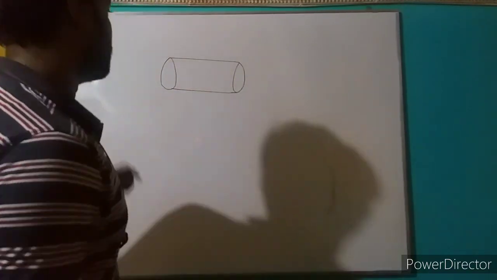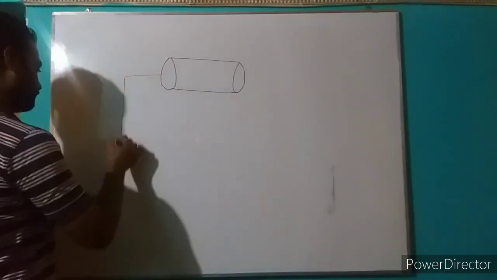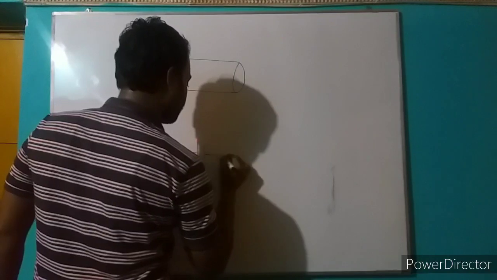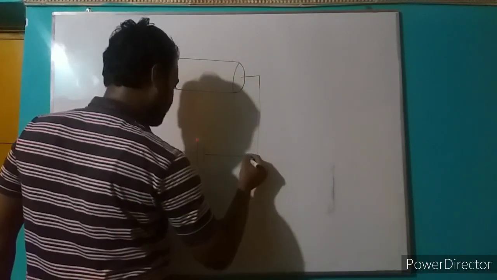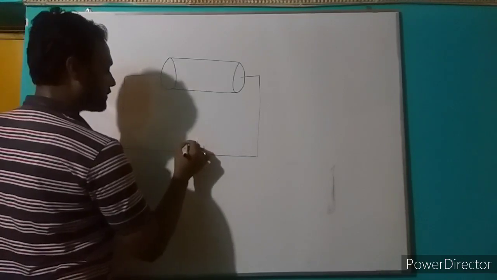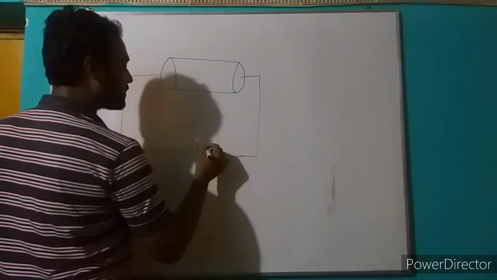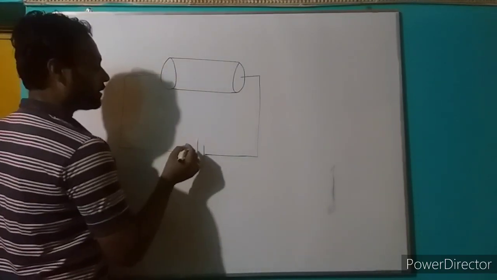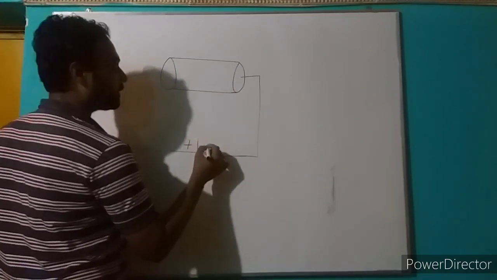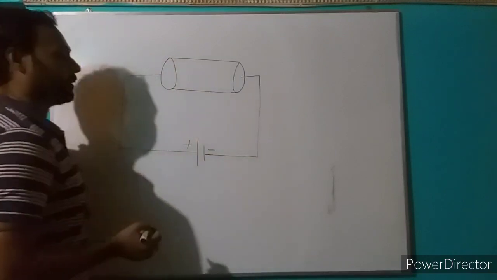Now that conductor is connected to a battery. This is the battery, the symbol is like that, which contains two plates. One plate is the higher plate, the other plate is the smaller plate. The higher plate represents the positive terminal, and the lower plate represents the negative terminal.